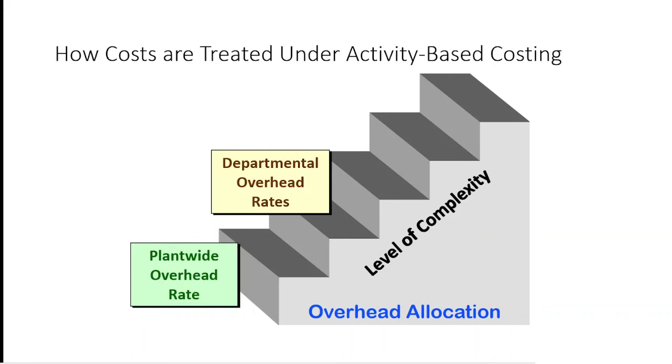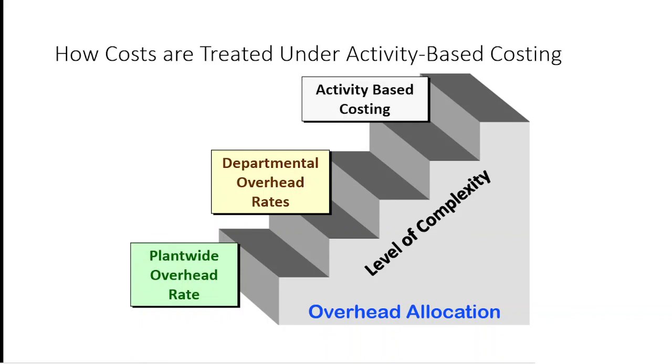Then we look at how many products are using these departments, and allocate based on which product is using which department and its overhead rate. It's a little more work compared to the plant wide overhead rate, because it requires you to accumulate the cost by department rather than under one category for the whole plant.